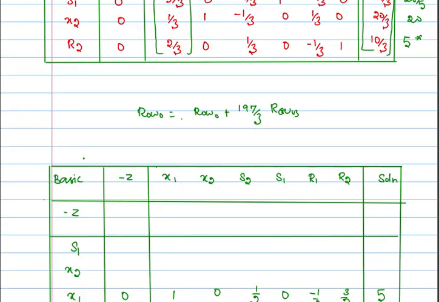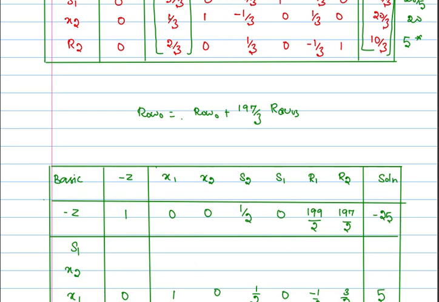Here we will get 1, here you will get 0, here 0, here you will get 1 by 2, here 0, here 199 divided by 2, here you get 197 divided by 2, here you get minus 25.